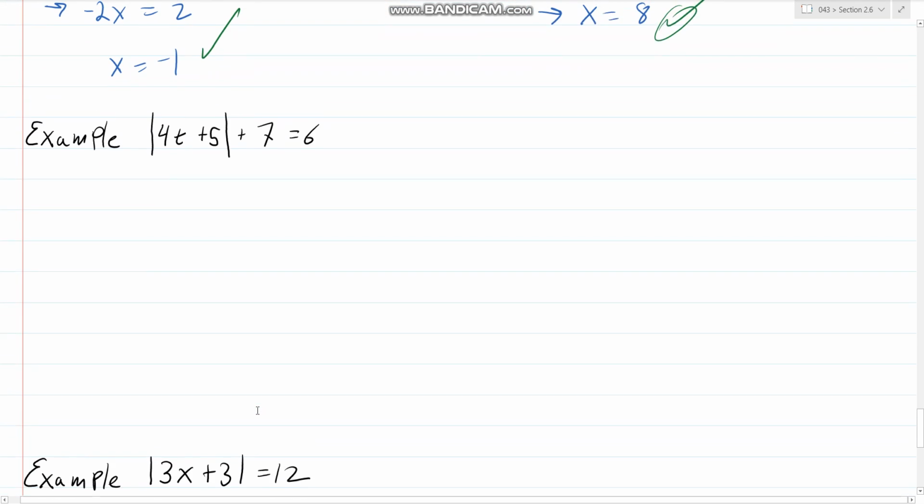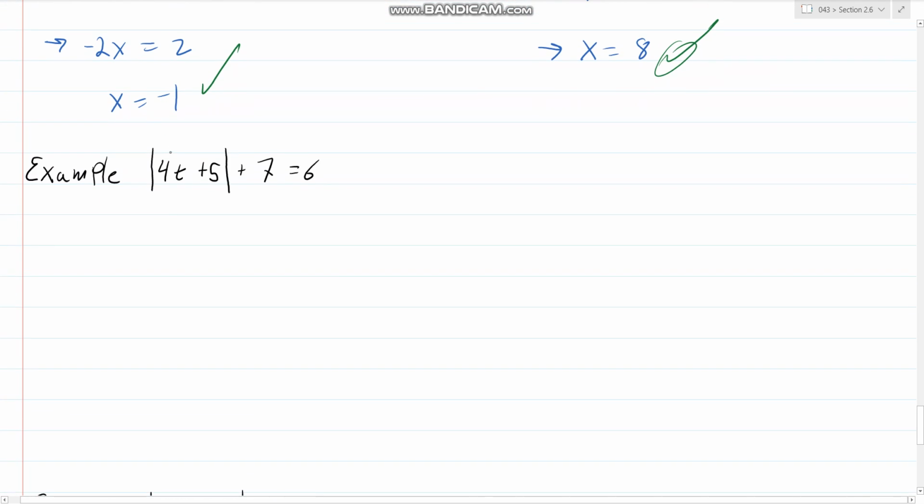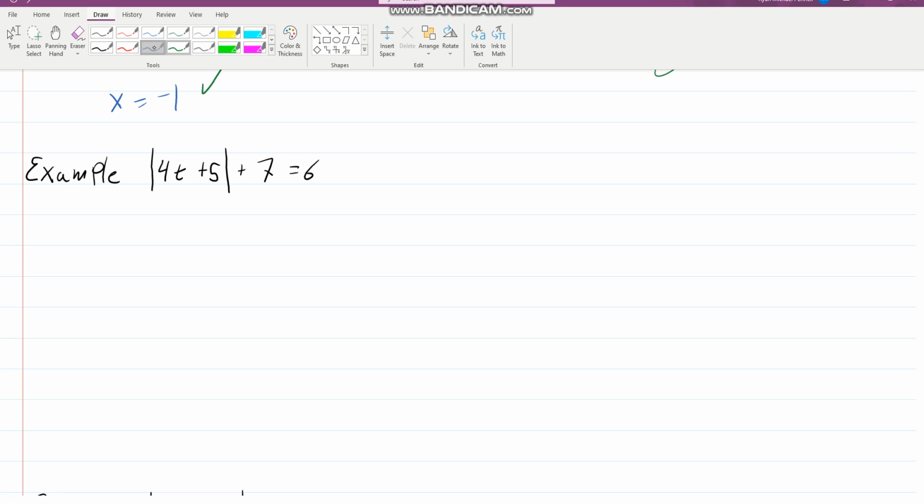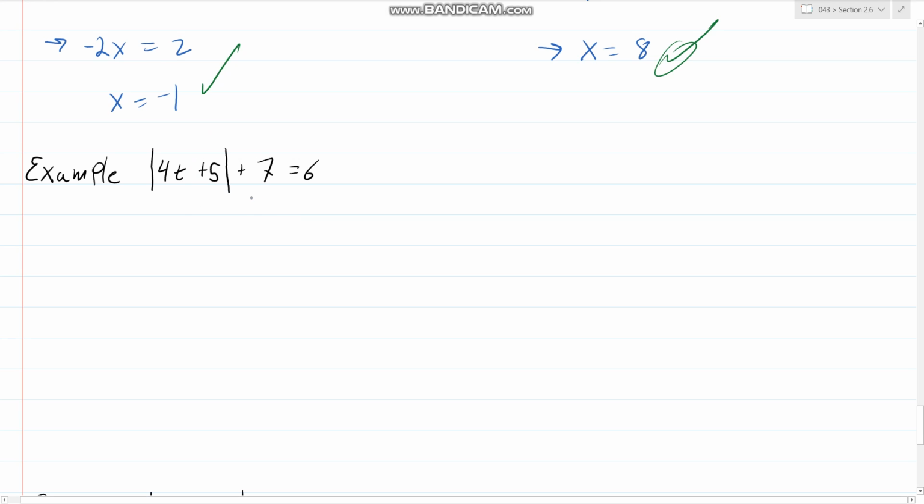All right, for this next example, we have the absolute value of 4t plus 5, plus 7, equals 6, and we're trying to solve for t. Okay, so the first thing I'm going to do is isolate the absolute value so I can take both cases. And so now I have the absolute value of 4t plus 5 equals negative 1.